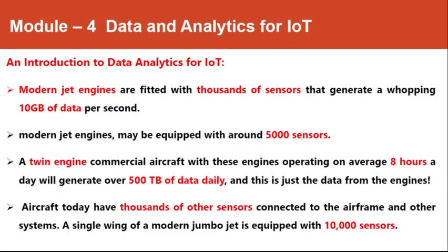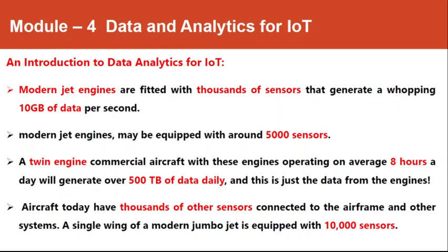Modern jet engines are fitted with thousands of sensors that can generate a large amount of data, about 10 GB of data per second. Modern jet engines are equipped with nearly 5,000 sensors.